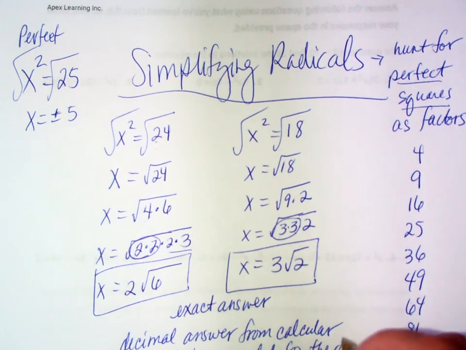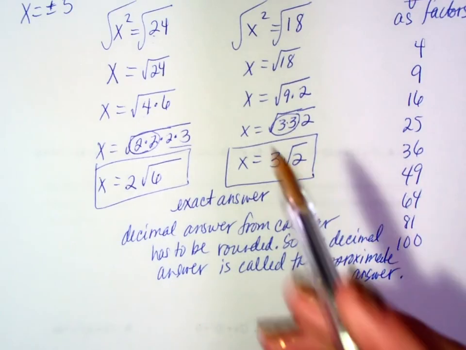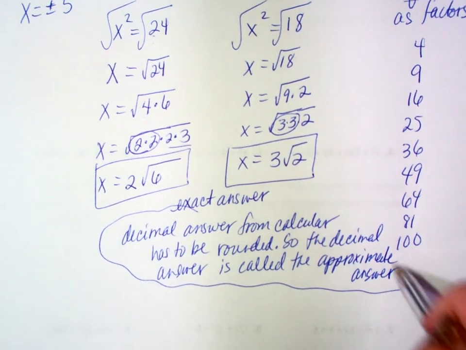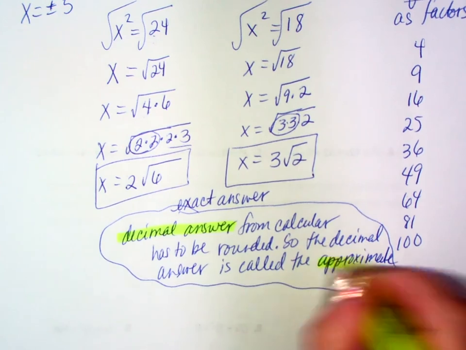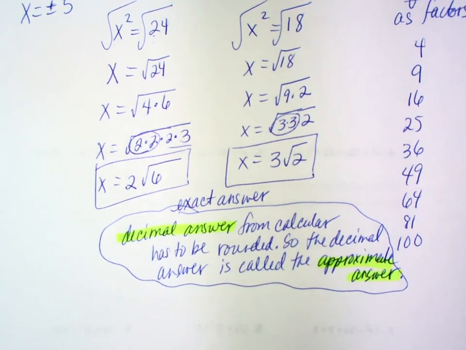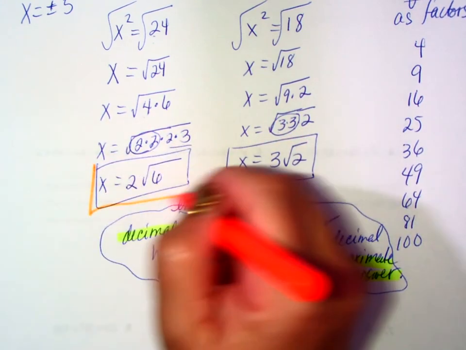So the decimal answer is called the approximate answer. A decimal answer from a calculator would be called the approximate answer, and this simplified radical that we're studying is our exact answer.